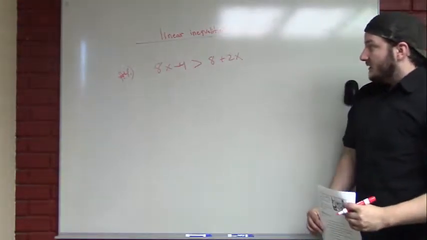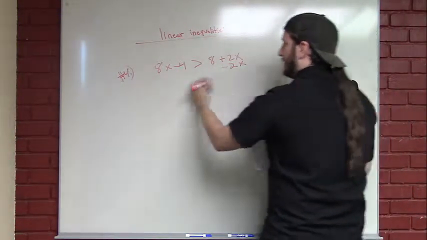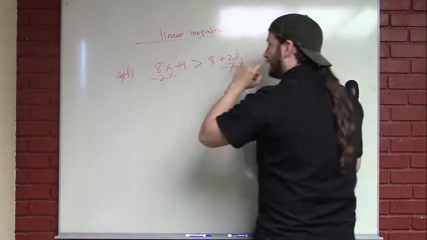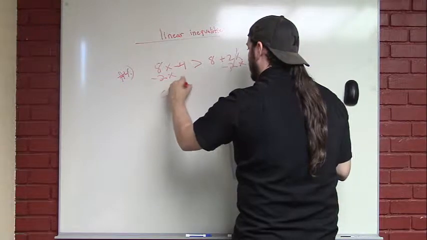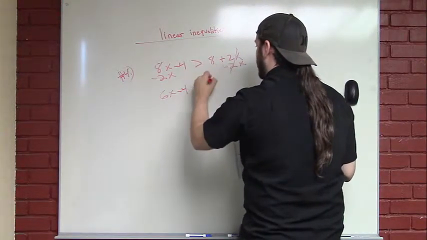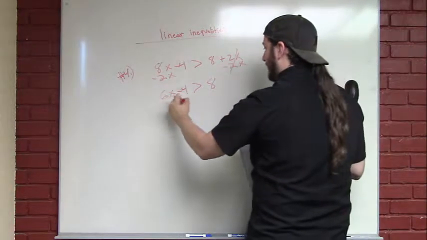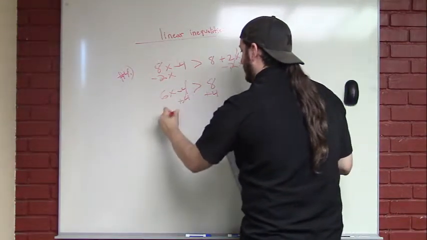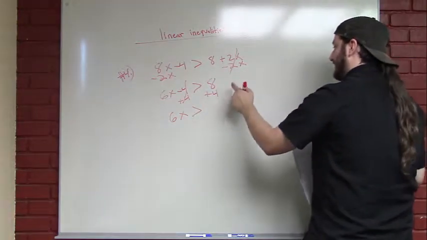Okay? So, we're going to subtract 2x here and put it over here. That goes away. So we're going to end up with 8x minus 2x is 6x. Bring down the negative 4 is greater than 8. Now we're just going to, boom, throw this 4 over by adding it. Those go away. We have 6x greater than 8, 9, 10, 11, 12.